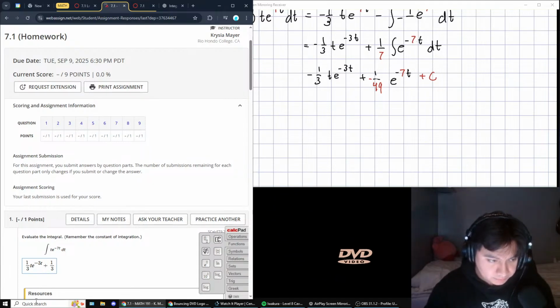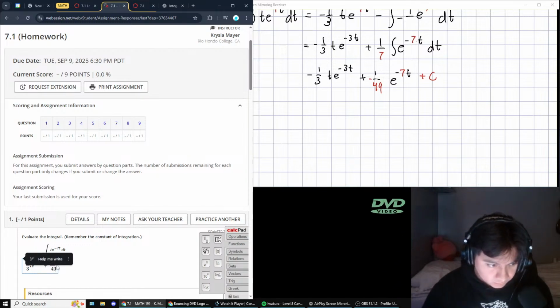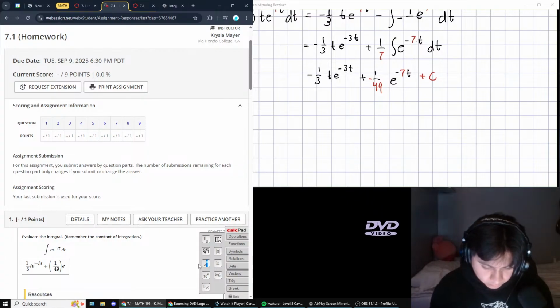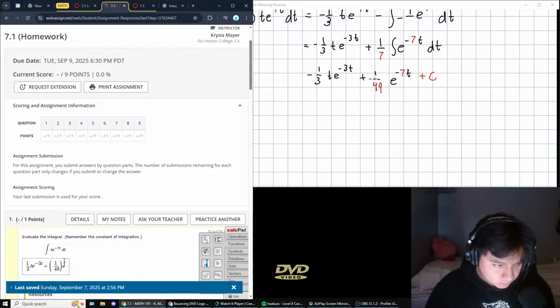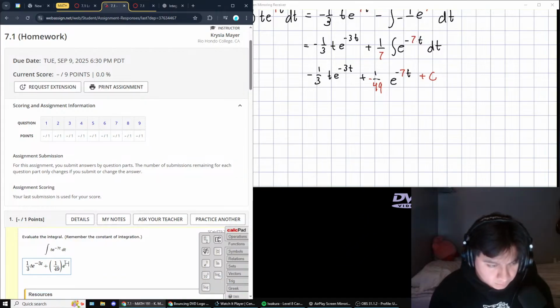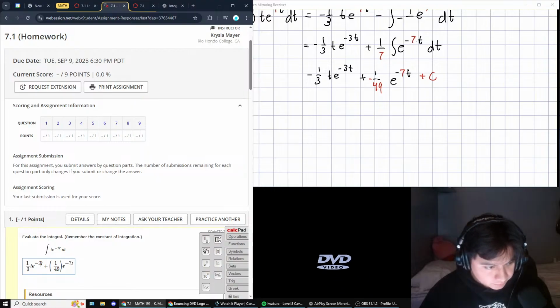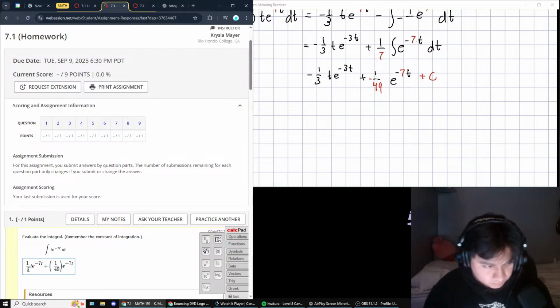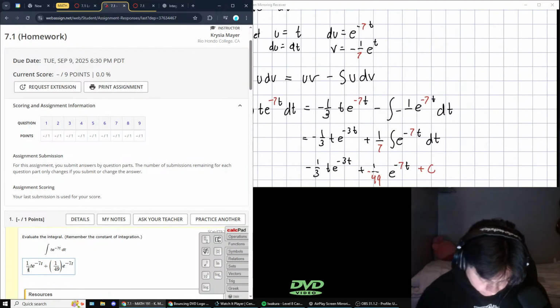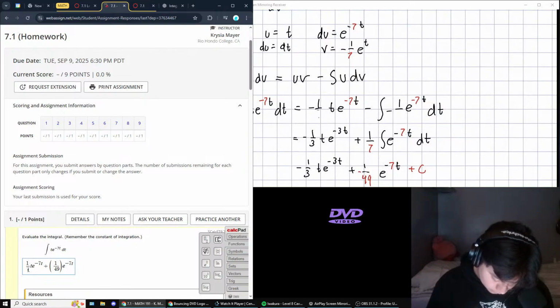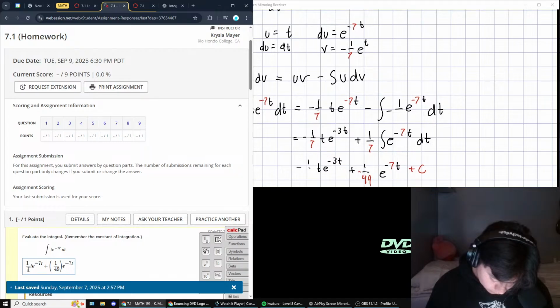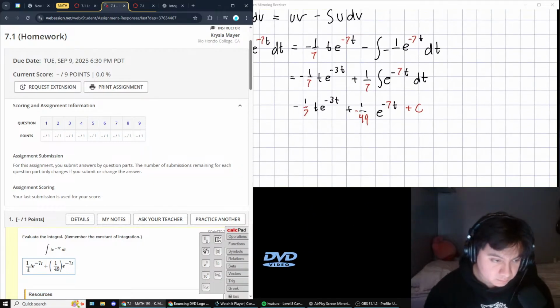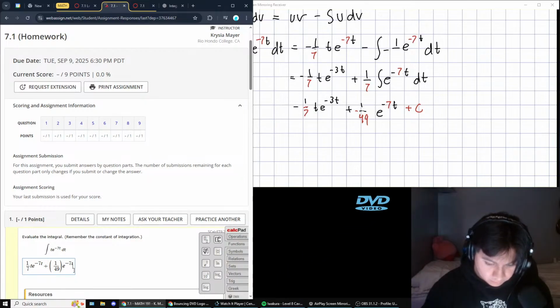Bro, this is such a hassle to put in though. Negative 7T plus C.